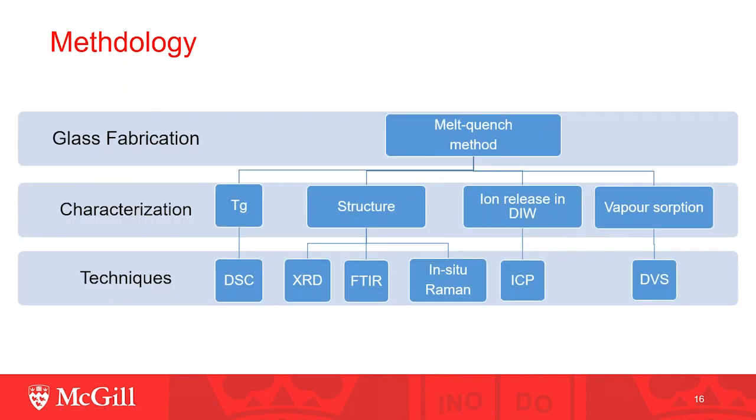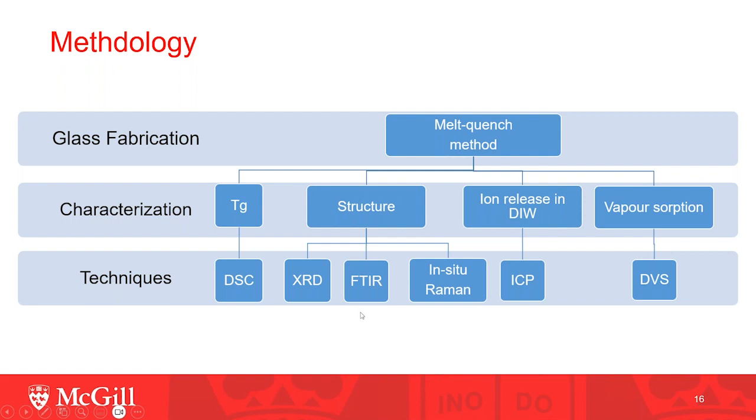Here is the methodology for our project. First of all, the binary calcium borate and sodium borate formulations were made by the melt quenching method. Their glass transition temperature was analyzed by DSC.